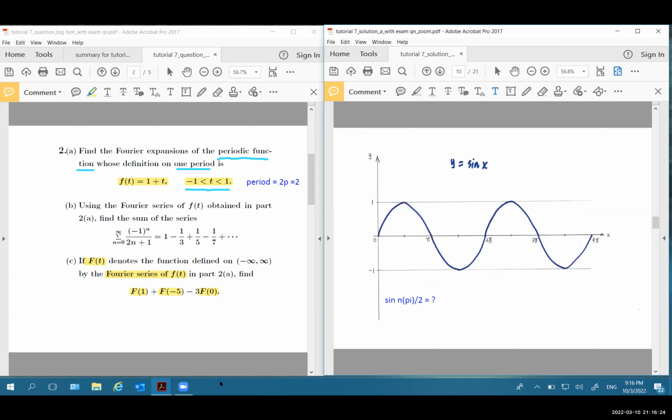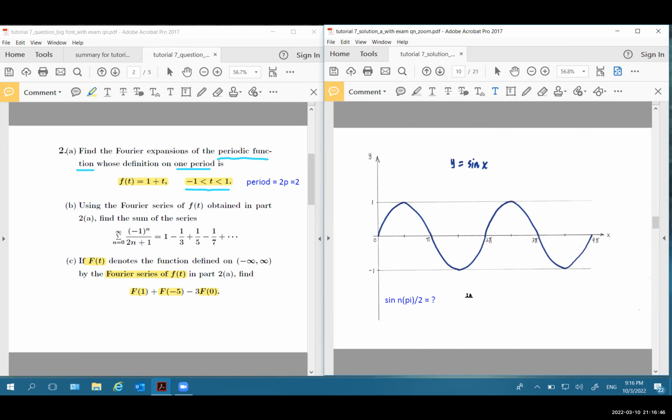So what is sine n pi over 2? Here I show you the graph of sine x. I draw 2 periods of sine x. 0 to 2 pi is 1 period, and 2 pi to 4 pi is another period.